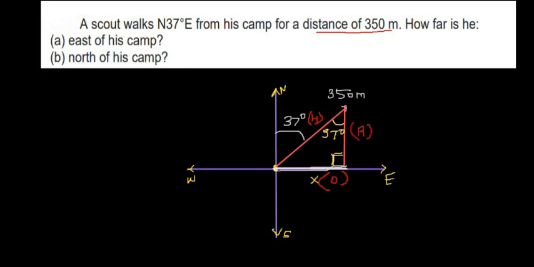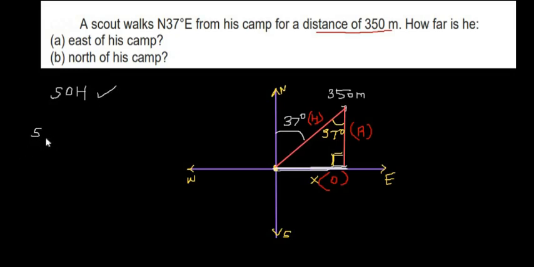Now we have to again use SOHCAHTOA to find the x value. Let's see if SOH works here. Sine of 37 degrees is equal to opposite, which we need to find, over the hypotenuse, which is given as 350. So we can use SOH.